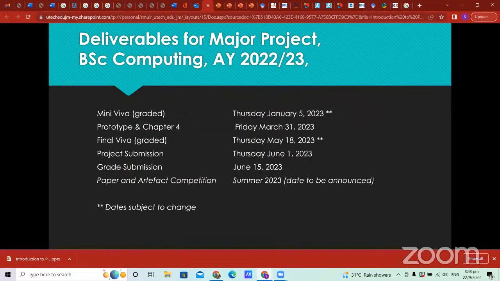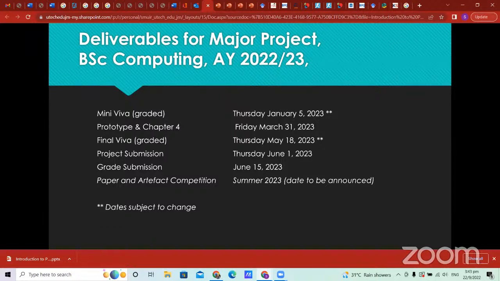And in terms of the Miniviva, we want it to be a graded assignment. So the dates will be announced and there will be a schedule. I'm not sure at this time whether that will be online or face-to-face, given that we're still at the tail end, I hope, of a pandemic.